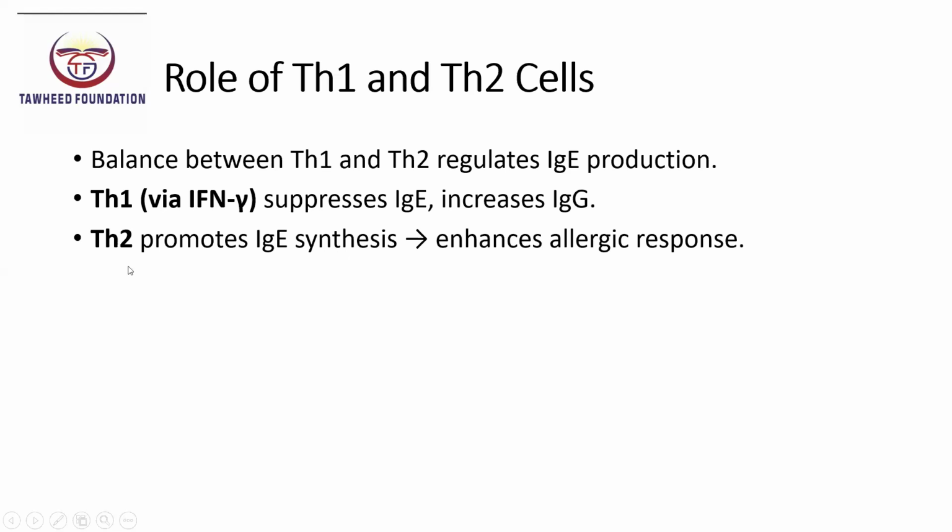In contrast, Th1 cells produce interferon gamma, which suppresses IgE and promotes IgG production instead. Therefore, a stronger Th2 response favors allergy, while a Th1 dominant response can reduce allergic reactions. Understanding this balance helps explain why some individuals develop allergies while others do not.